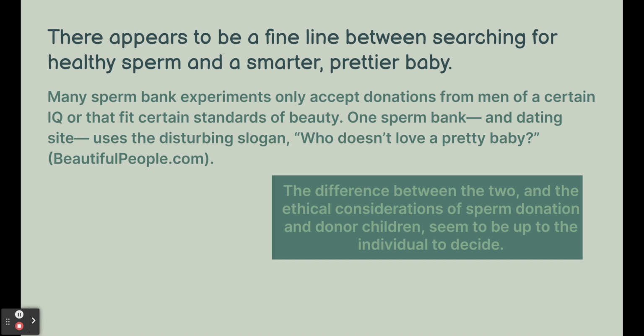One sperm bank, which also happens to use a dating site, uses the slogan, "Who doesn't love a pretty baby?" A lot of people could argue that this is kind of eugenics, because there are certain people that a lot of sperm banks will just refuse to accept sperm from. But in theory, you could make the same claim about a woman having sex with a pretty man to have a pretty baby.